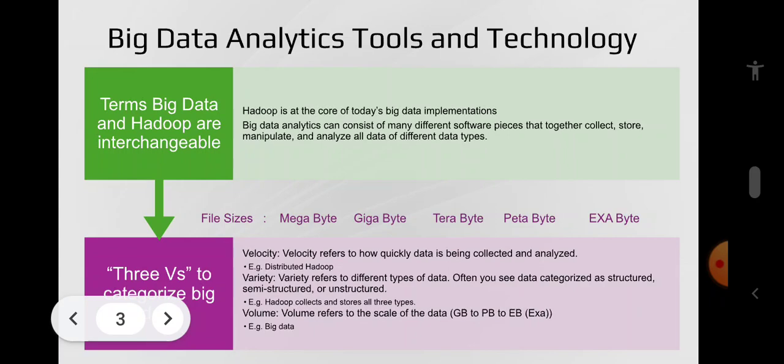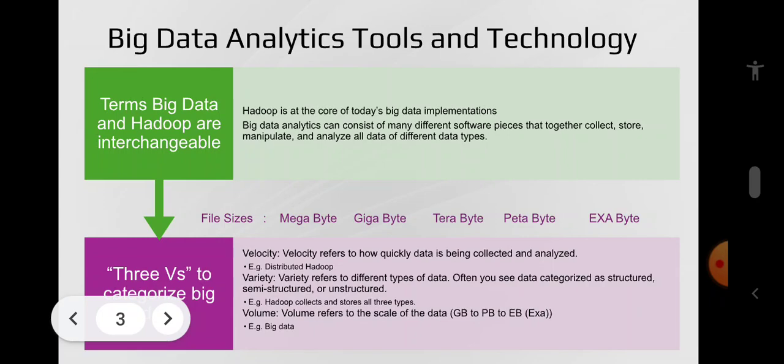Variety. Variety means that inside big data or inside IoT, we know that integer data, float data, character data, string data, all the different types of image data and video data, so all the different types of data are getting created. That is what is referred to as variety. Variety refers to different types of data.